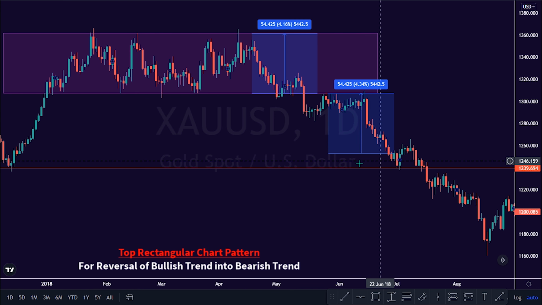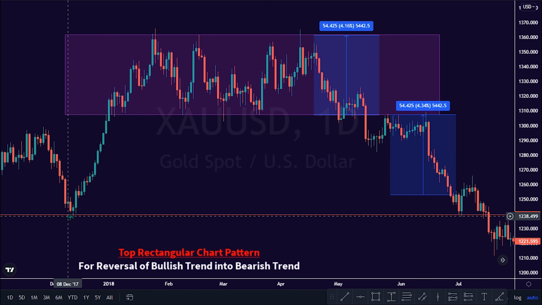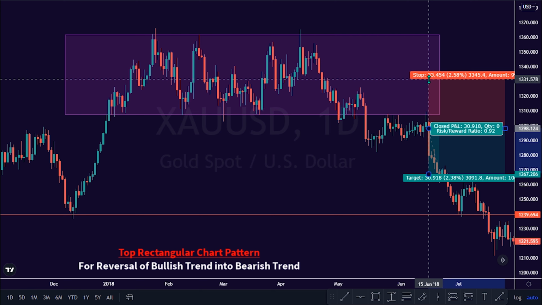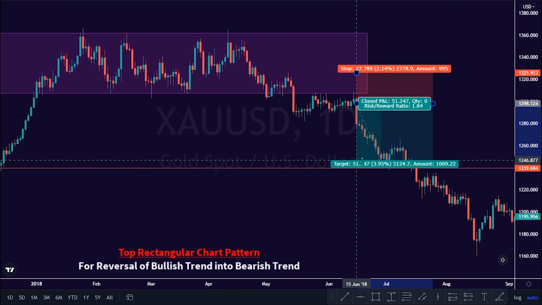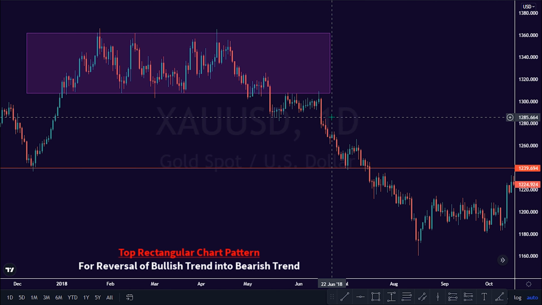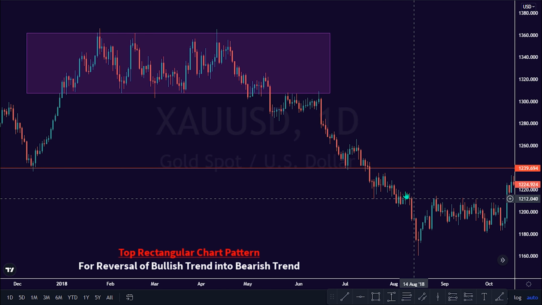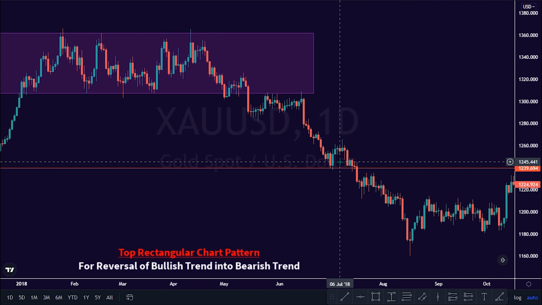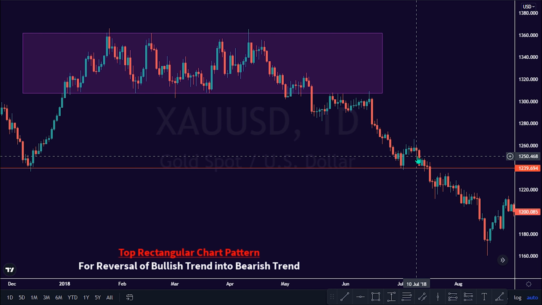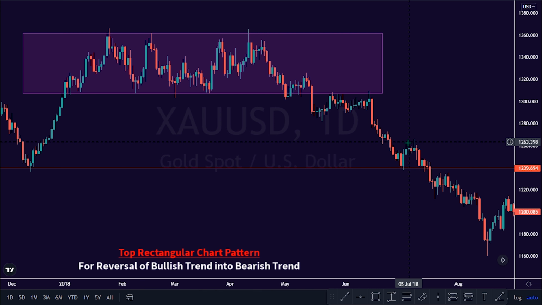Method 2. You can simply target the support level here as our take profit. Method 3. You could have implemented 2 risk-reward ratios. Method 4. This is for patient and swing traders. Swing traders would have to trail their profit to the top of each lower high swing in this market.